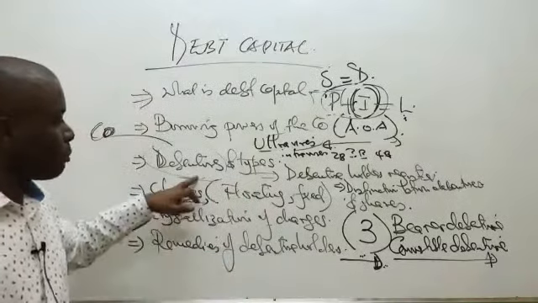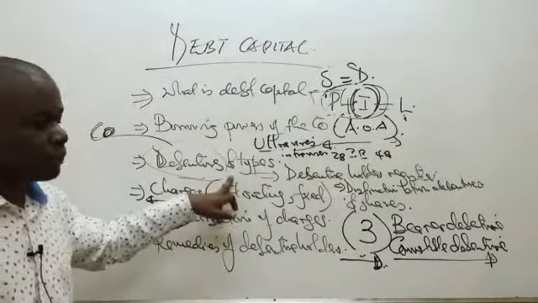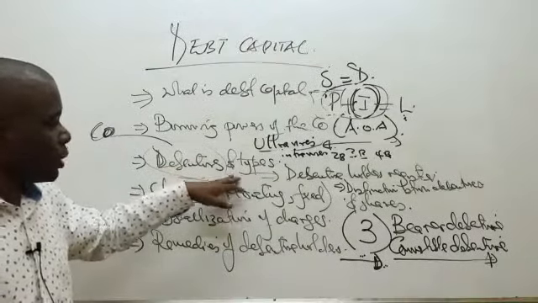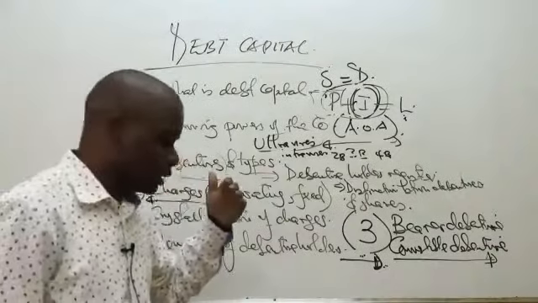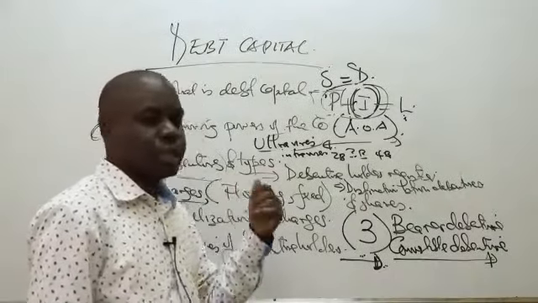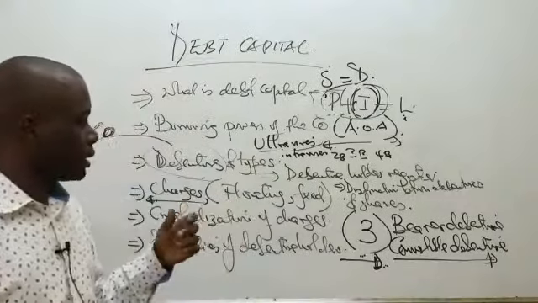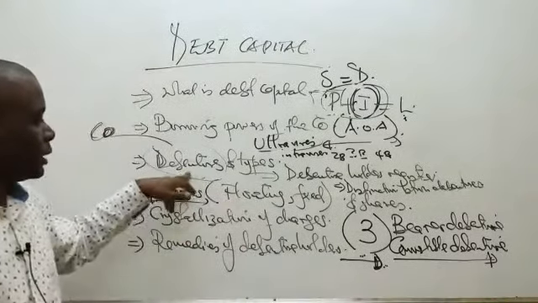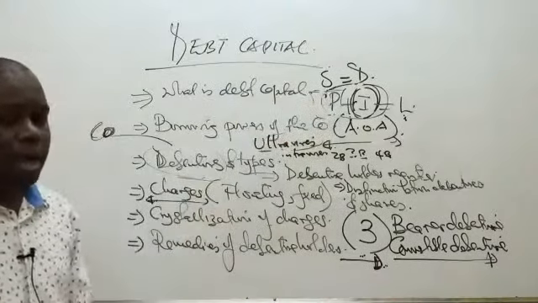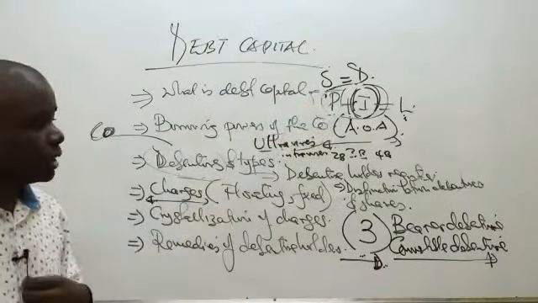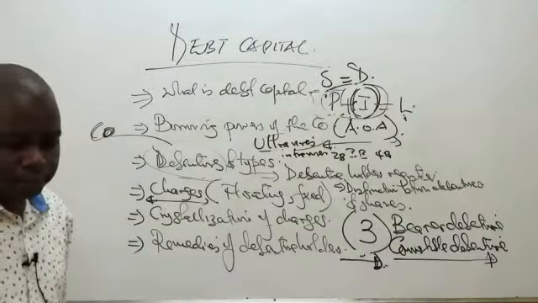So both of them can be issued via prospectus. When you are defining it, it's okay to say it's any document or advertisement issued to members of the public to purchase into the shares or debentures of the company. So both debentures and shares can be issued through a prospectus issued by the company.